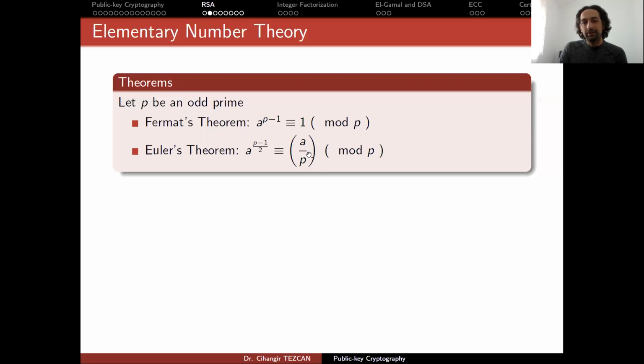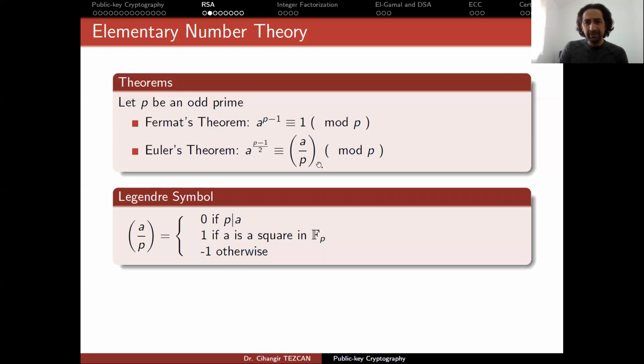But this is a special notation which is called the Legendre symbol. The Legendre symbol is defined as follows, and it is written as a over p. The result is 0 if p divides a.